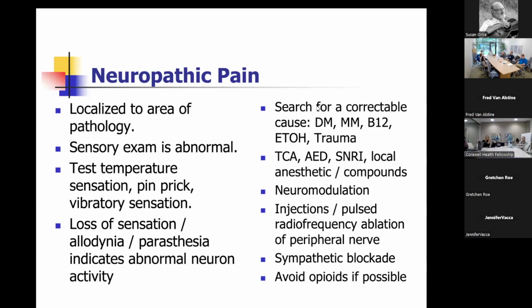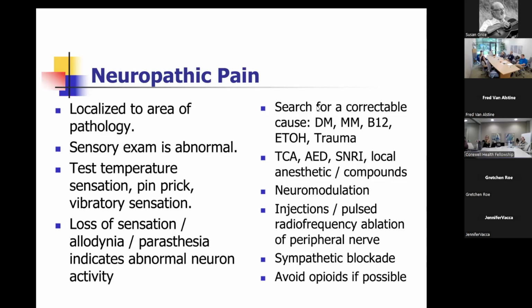We're going to talk more about ketamine in later lectures, which I think is a great option for peripheral neuropathies. Neuromodulation, where we use TENS units and other sorts of electrical stimulation. And again, injections, pulse radiofrequency ablation of peripheral nerves, and sympathetic blockades.